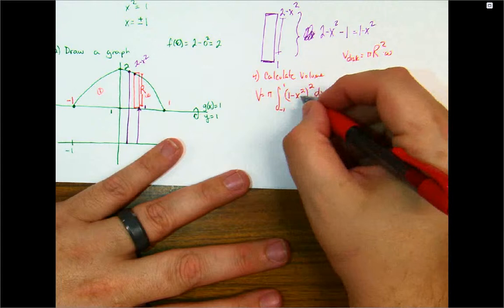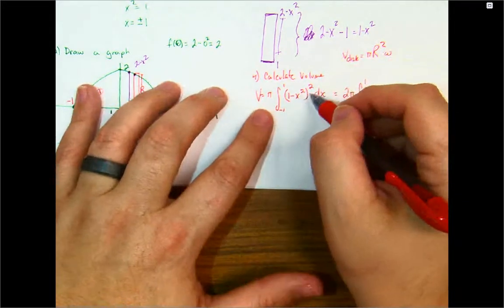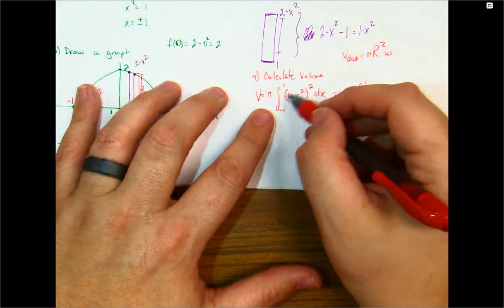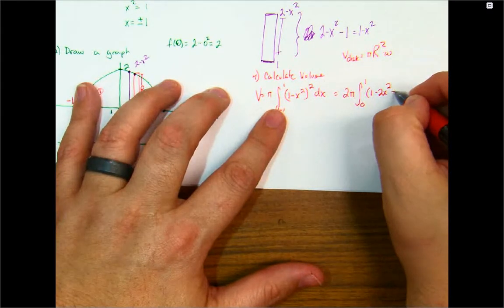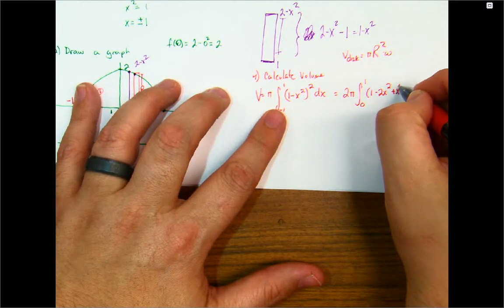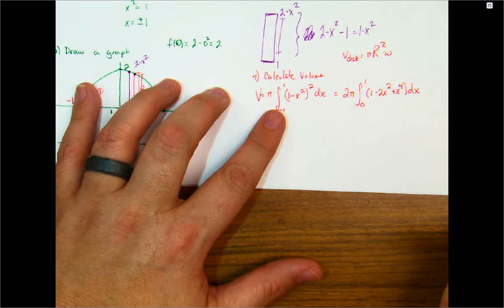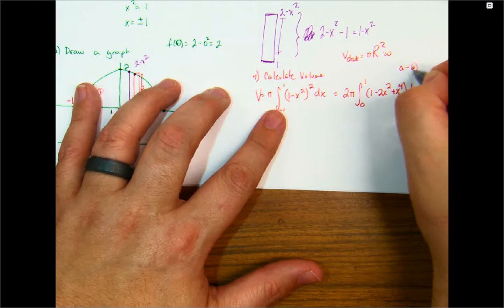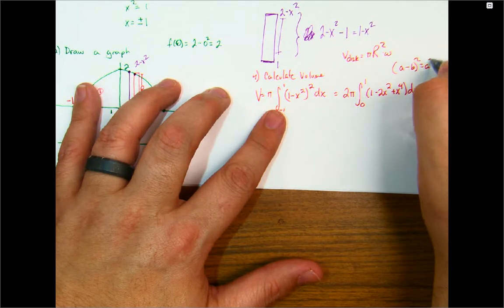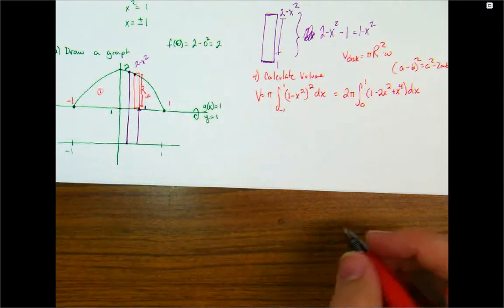So I'm going to use the formula of a perfect binomial squared. 1 squared is 1 minus 2x squared plus x to the 4th dx. And that's just, remember, from a minus b quantity squared is equal to a squared minus 2ab plus b squared. So it's nice to learn all that stuff, because then we can use it instantaneously.